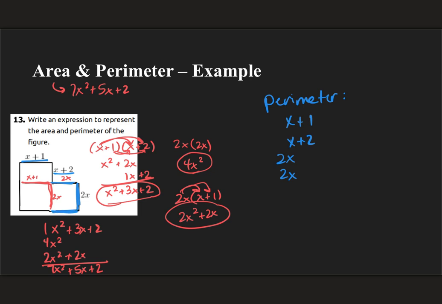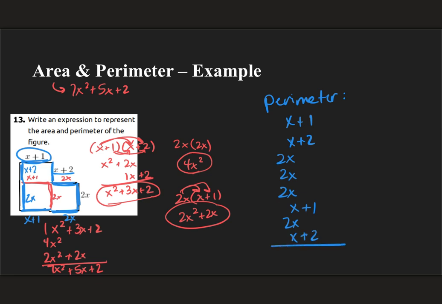This side is going to be the same as the one above it, right? So this is also 2x. Here is going to be the same as the top. So this is going to be x plus 1. So I'll add an x plus 1. And then this side is going to be 2x. Add another 2x. And then this side is going to be x plus 2 because it's going to match this side. And that is all my sides.